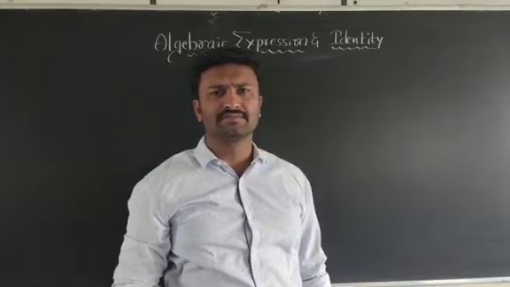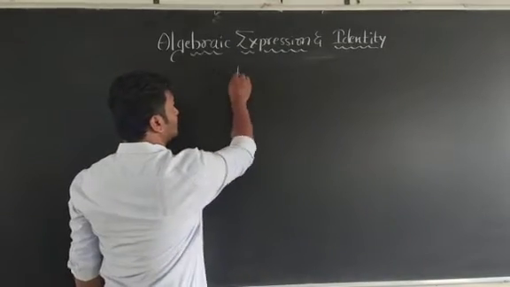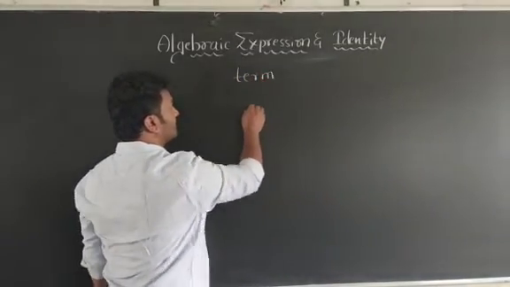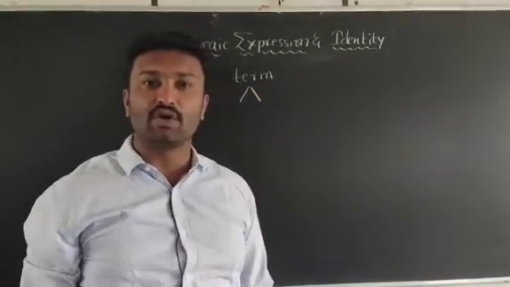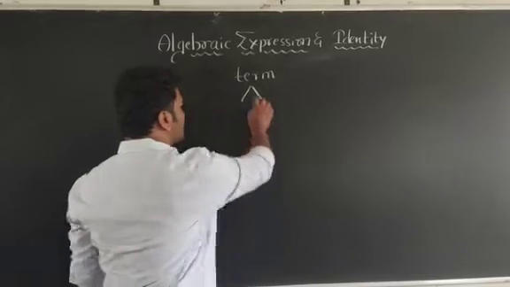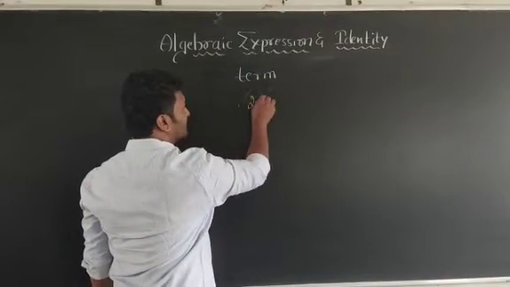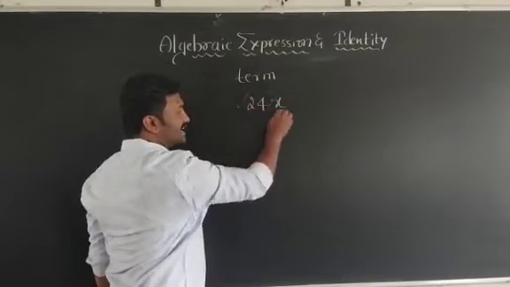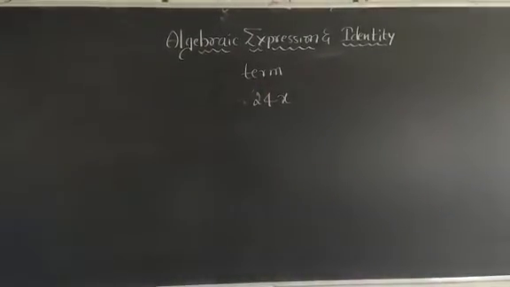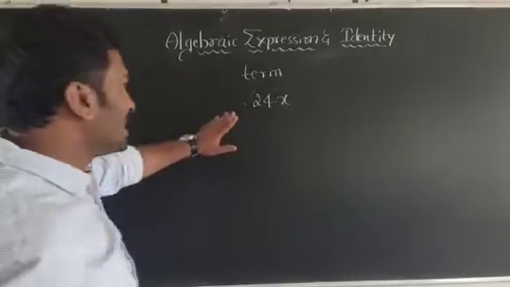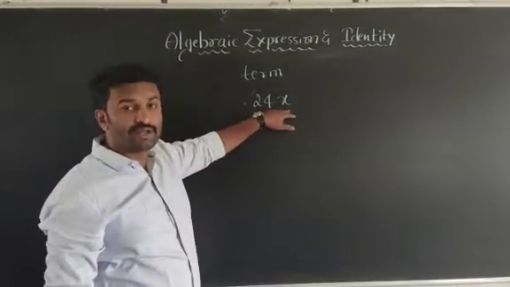What is meant by term? This term is the combination of, for example, we take one example, 24x. This term is the combination of numerical and the variable.